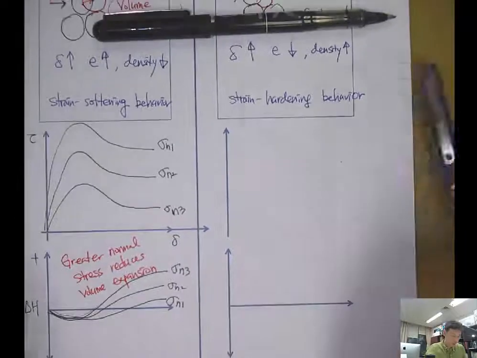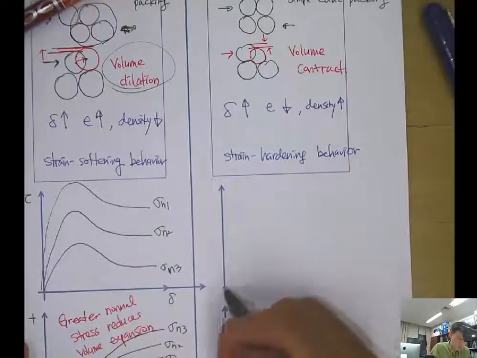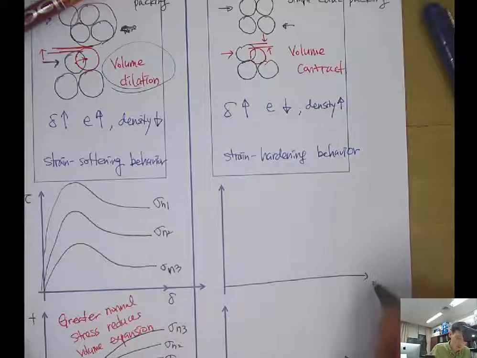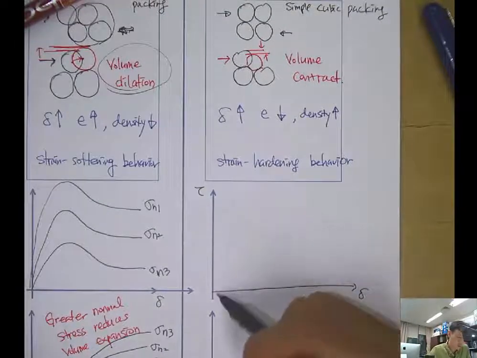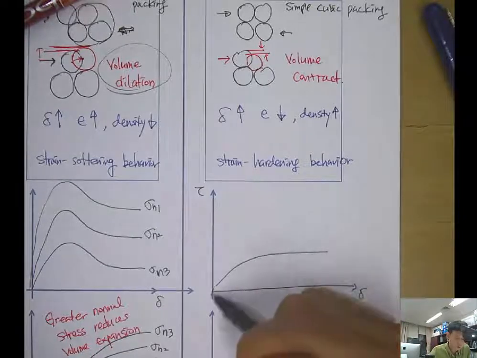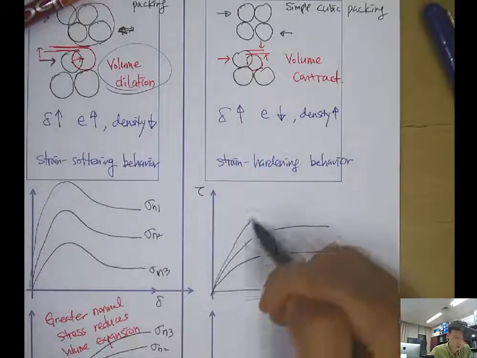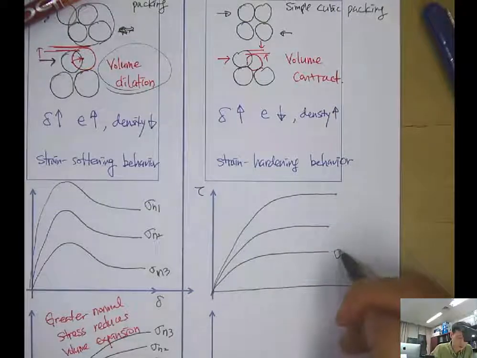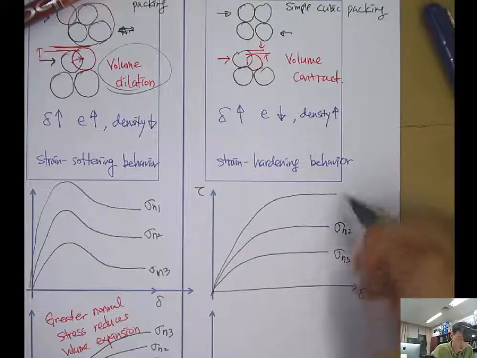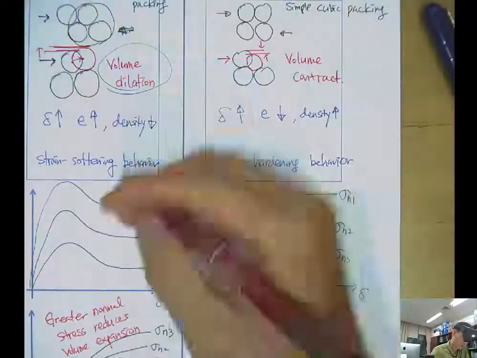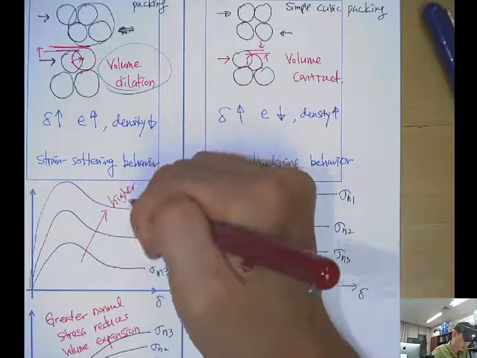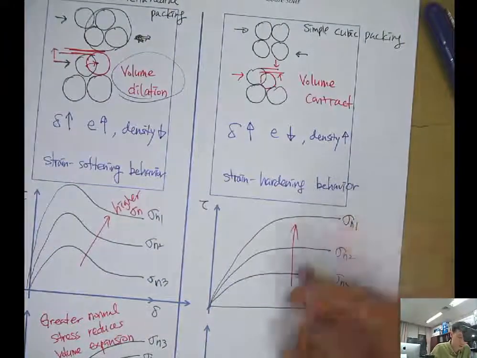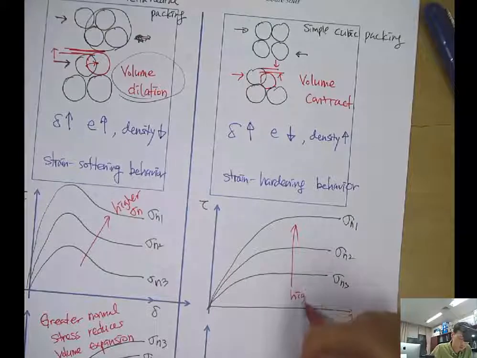Okay. And when you plot the shear behavior in the tau and delta space, displacement, it will be like this: sigma n3, sigma n2, and sigma n1. As you go up, it's higher normal stress.